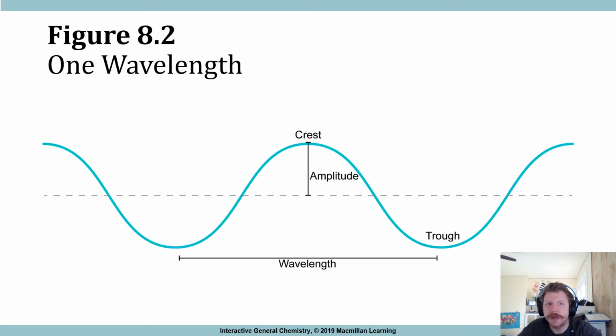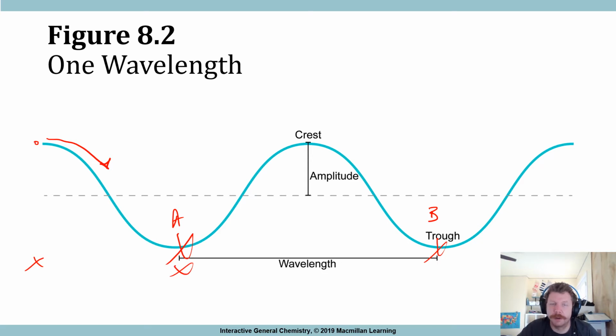Okay, so this right here would be a single wavelength from this point to the corresponding point. One complete wavelength has been completed, starting at point A and ending at point B. So that's one wavelength. Now, imagine a particle traveling along this line, and you set a timer for 1 second, and it starts here and ends here.